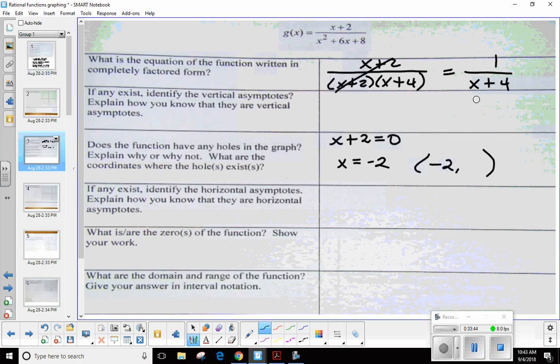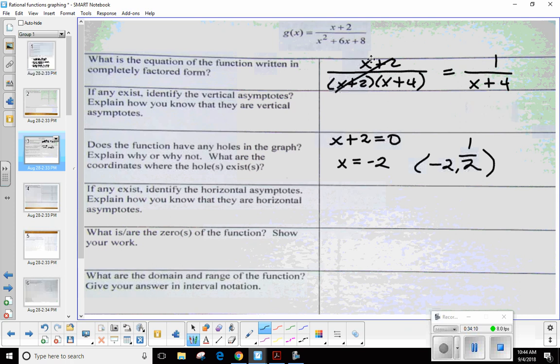We've only got one x left. So this would be 1 over negative 2 plus 4. So what would that be? 1/2. Perfect. So you get the x from the group that cancels. You take that x and plug it into every x that's remaining. Now, if no group cancels, well, then you don't have a hole. You don't have to worry about that.